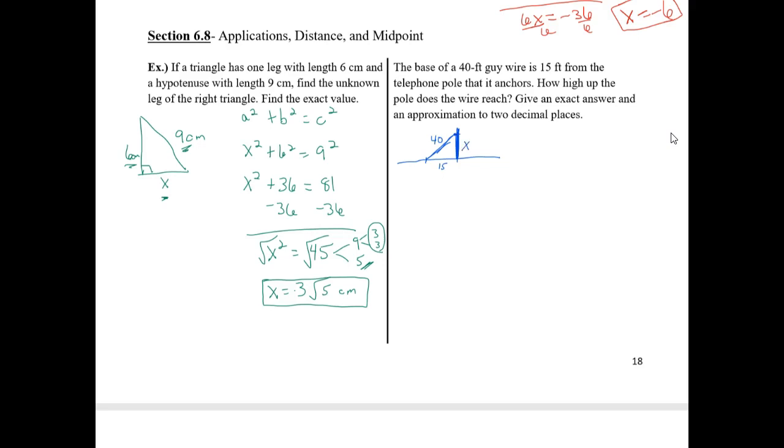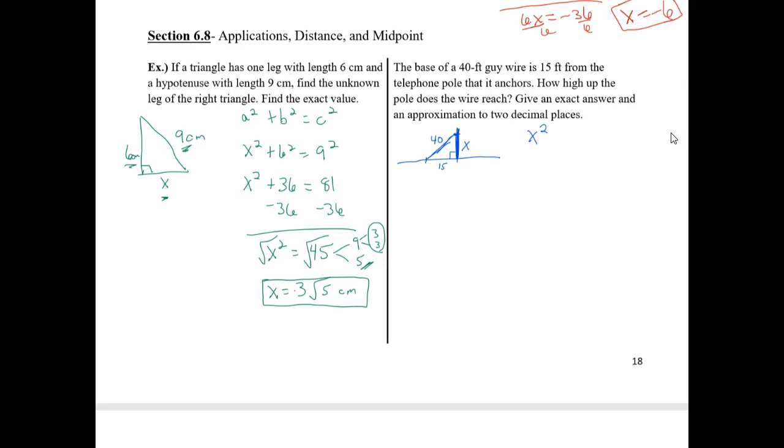So what we don't know is how high up. And so the reason I said a picture will help is because you can see now that this is forming a right triangle. And we can use the Pythagorean theorem again. We just have to identify which sides are the legs and which one is the hypotenuse. So x is a leg.